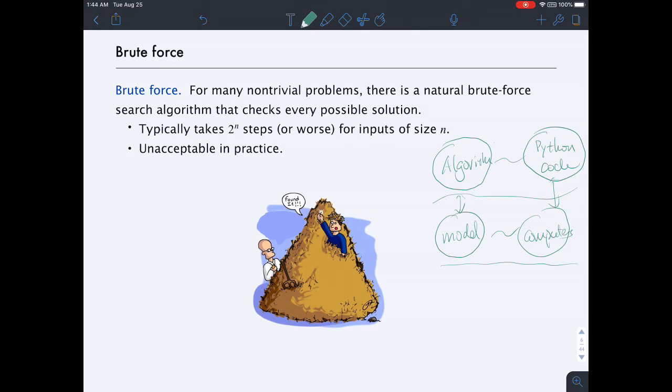And there's one type of algorithm we do want to exclude throughout the whole course. This is what we call brute force. Basically, the idea of a brute force algorithm is to exhaust all possible solutions and then find the best one that one can think of.